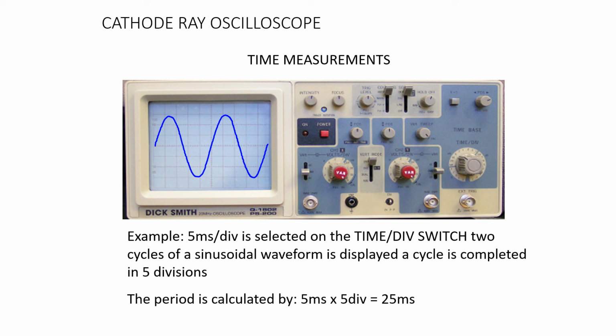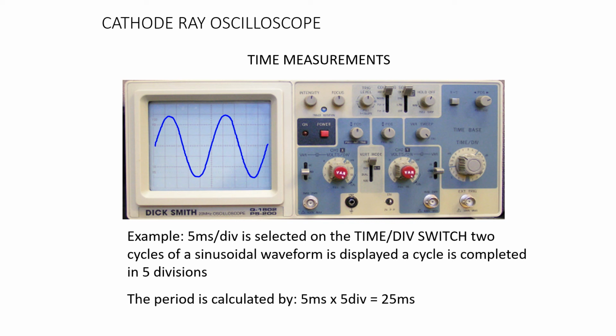Astigmatism control. When you vary this control, it ensures that the screen is uniformly illuminated. One more control we have, trace rotation. When the CRO is kept in ground position, the trace or the line on the CRO screen must be horizontal.